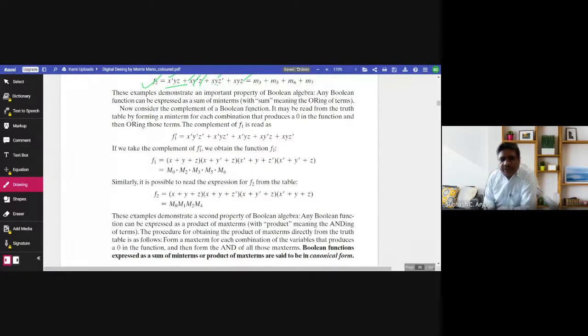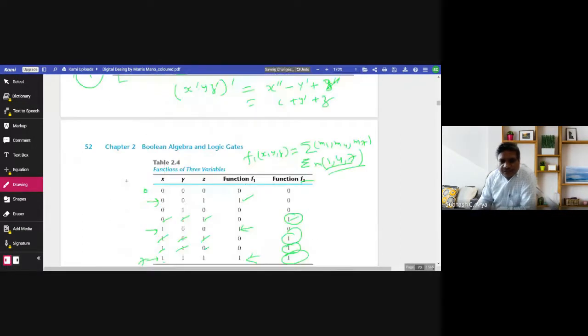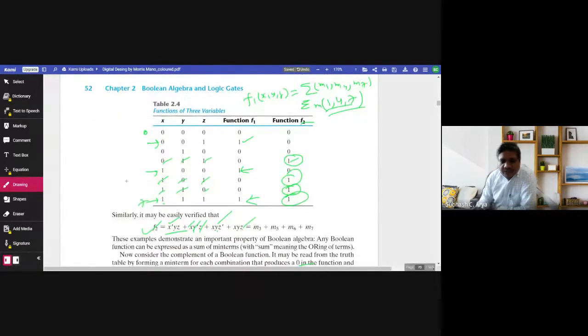Now consider the complement of a Boolean function. It may be read from the truth table by forming the minterms for each combination that produces 0. If we want to write F1 complement, we have to see where the function F1 gives output 0 instead of 1, because we are writing the complement.